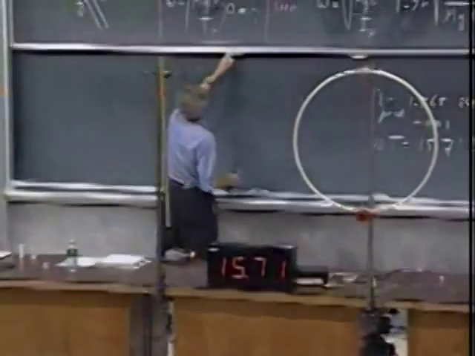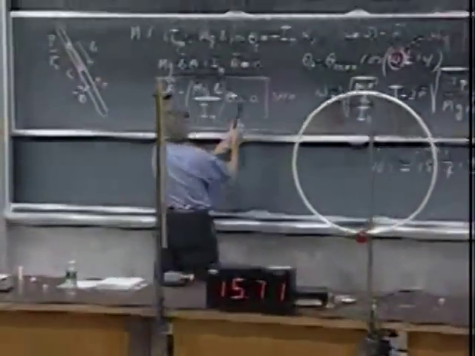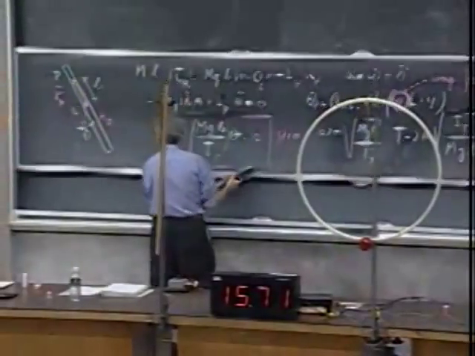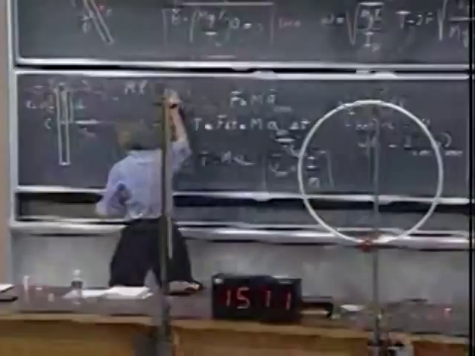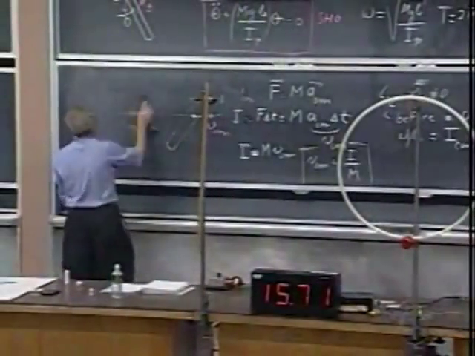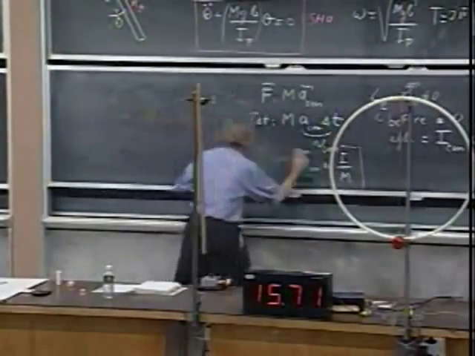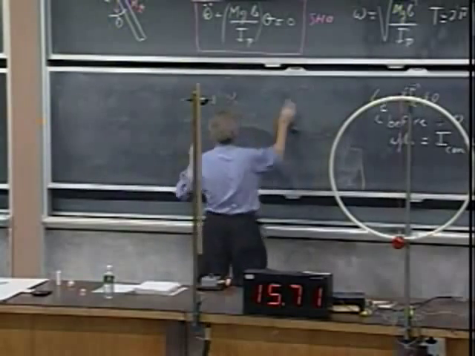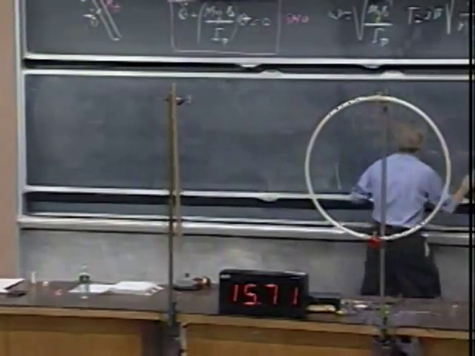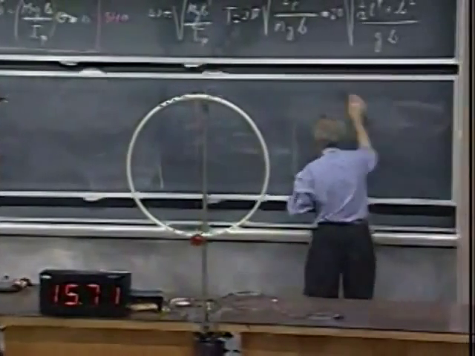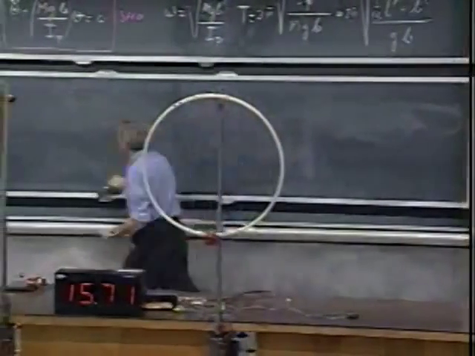a way more interesting system, and that is the hoop. We'll take the hula hoop, and we're going to do the same thing for the hula hoop. And the system, the approach, will be exactly identical.